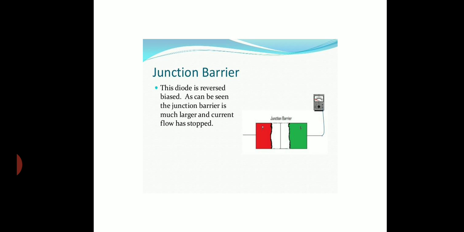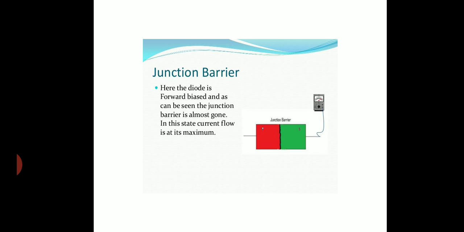Here in reverse biased, the junction barrier is much larger and the current flow has stopped. In forward biased condition, the junction barrier is almost gone. That means no junction barrier. Here the current flows at its maximum value.